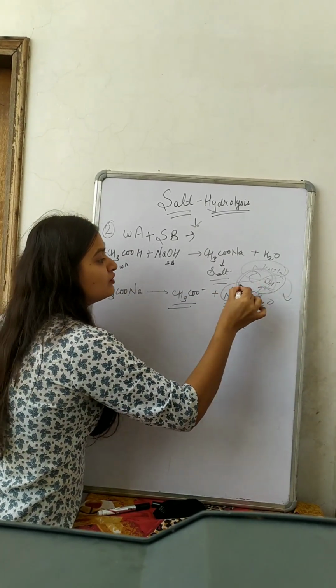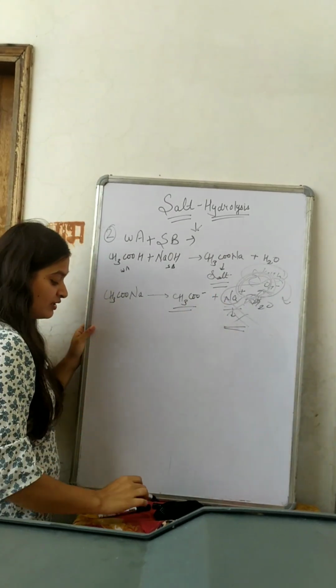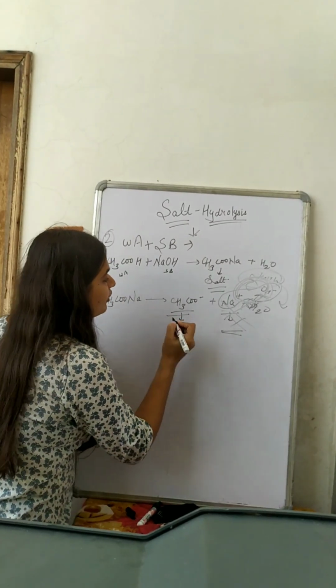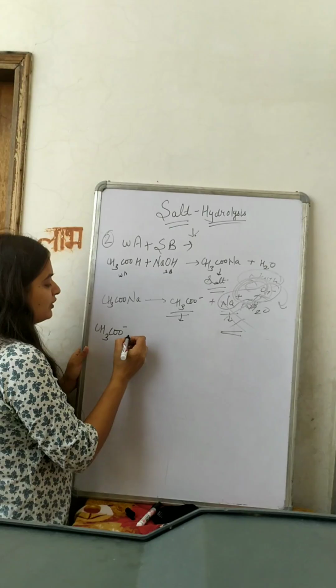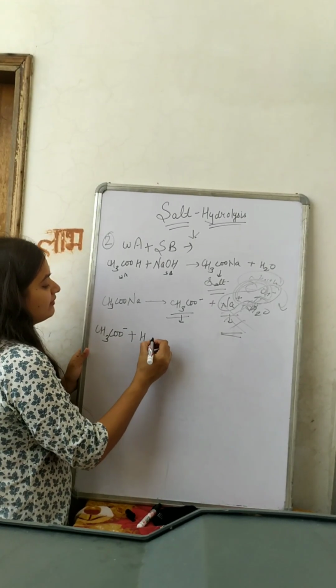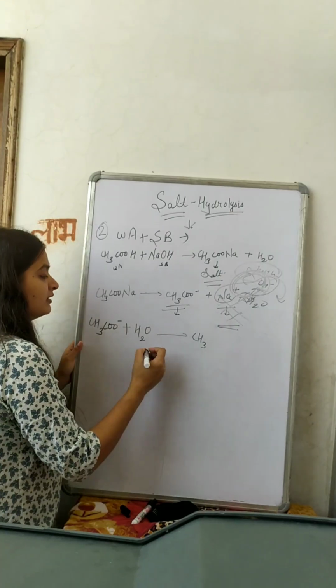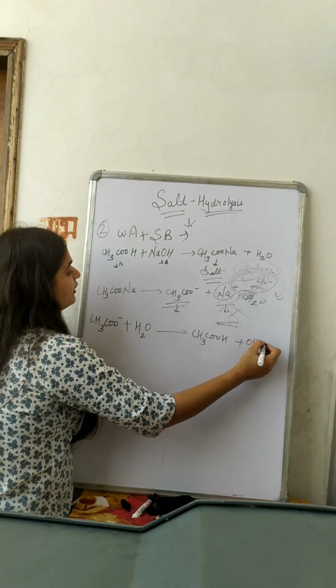So this reaction keeps going on continuously, and Na positive does not undergo hydrolysis. Only the CH3COO negative ion of the salt can undergo hydrolysis. If CH3COO negative reacts with water, it forms CH3COOH and OH negative ions.